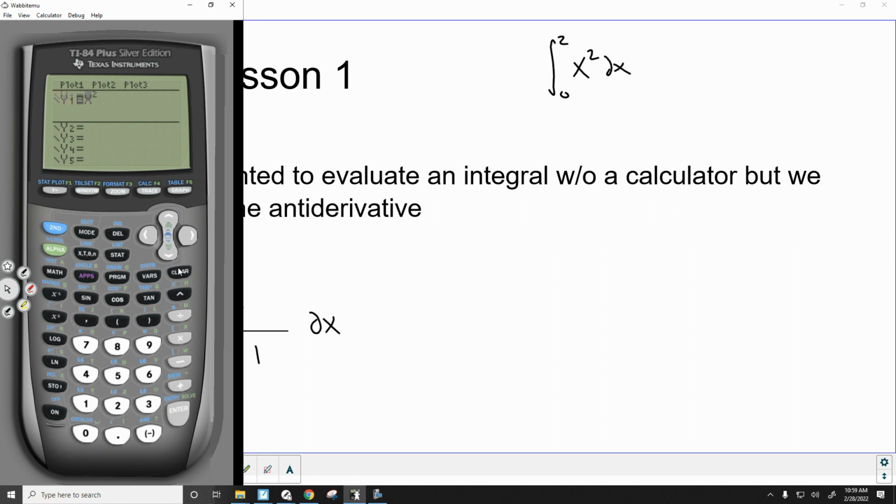So I love my calculator because it does a very good job visualizing what's very important today. In the graphing mode, when you do second calc 7, and you say from 0 to 2, that visualization is really important.